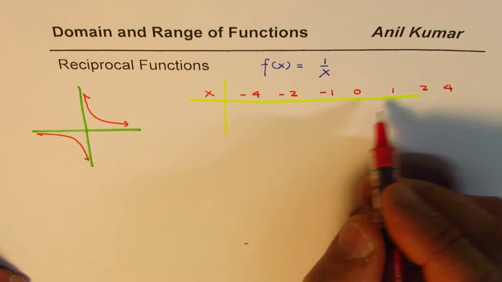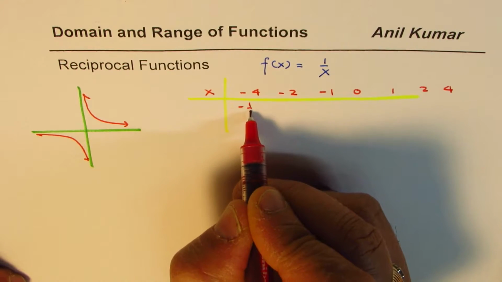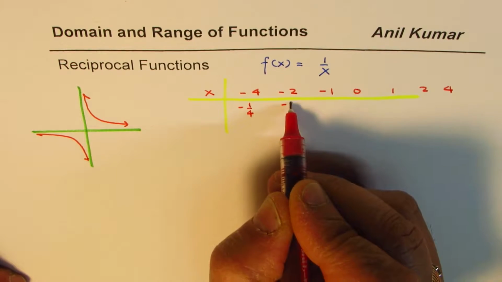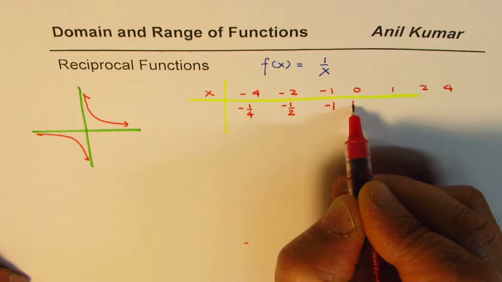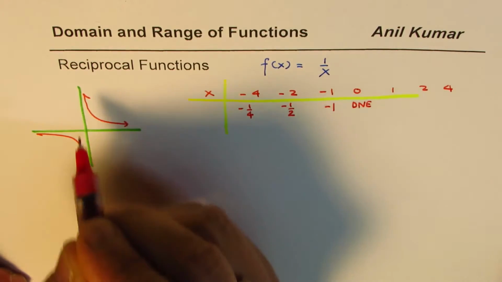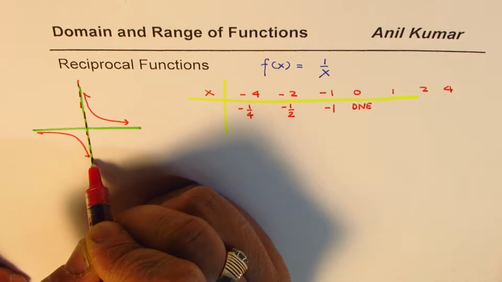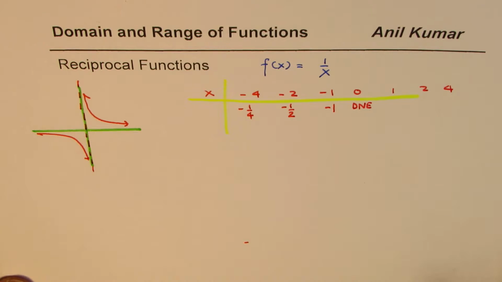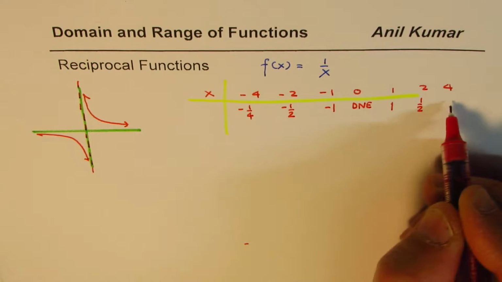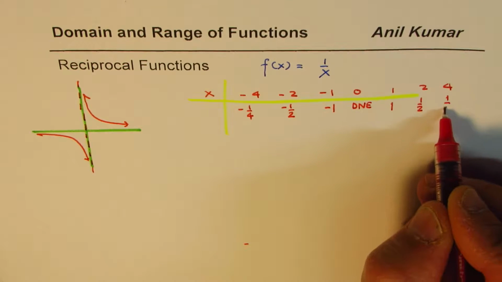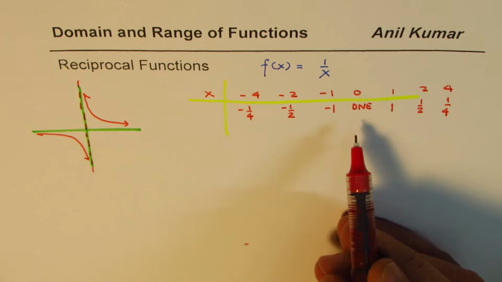Now, if I do 1 over this number, I get minus 1 over 4, minus half, minus 1. And 1 over 0 does not exist, so that gives me the vertical asymptote. For 1, we get 1. For 2, we get half. And for 4, we get 1 over 4. So these are the numbers which we get.